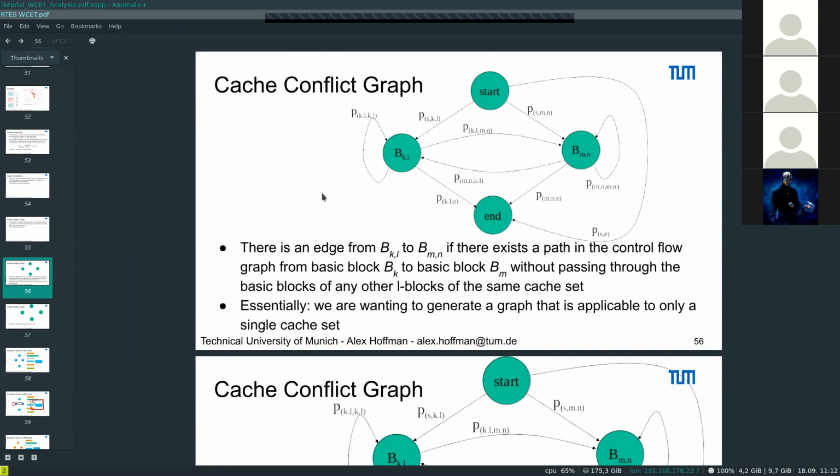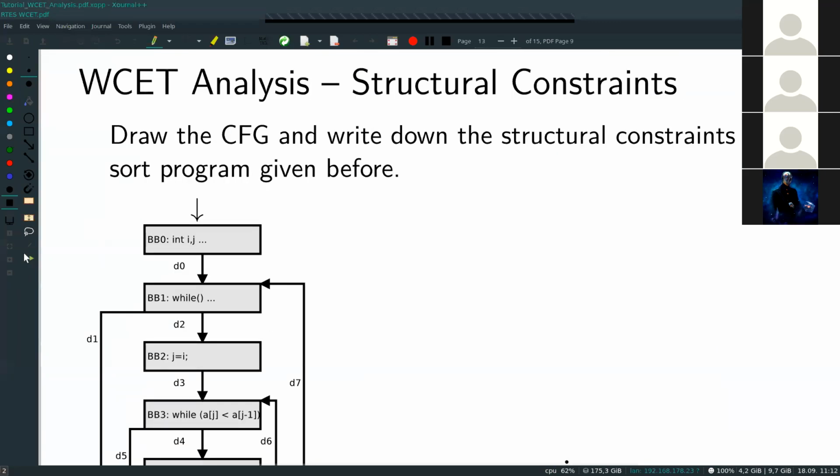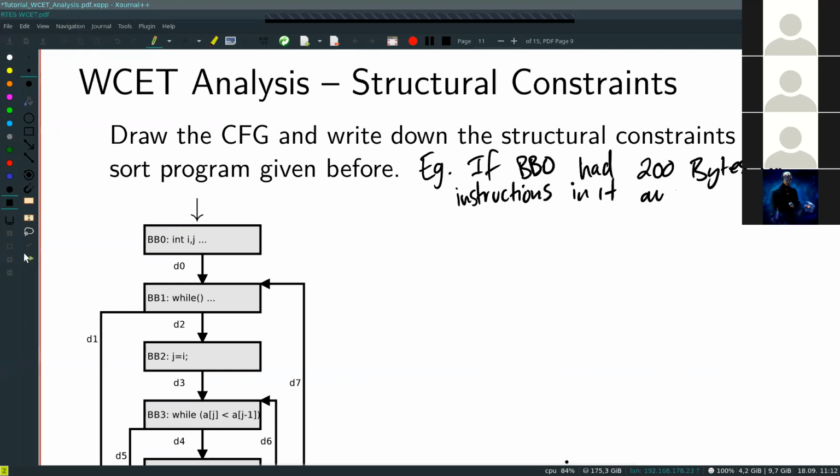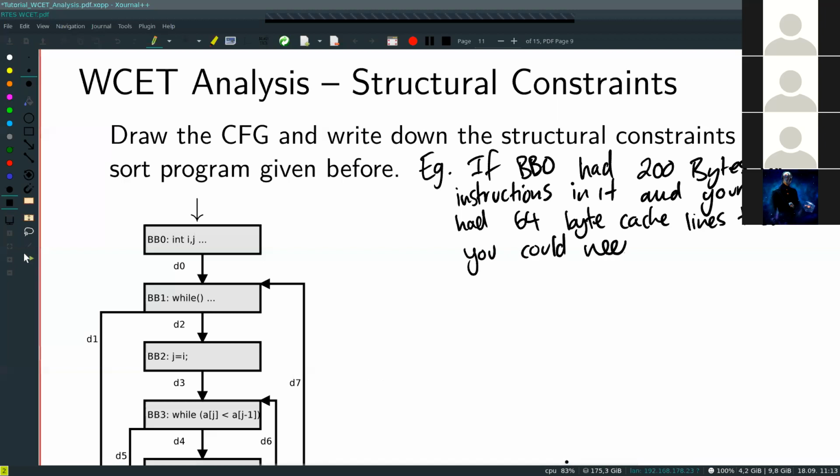It's some block of memory, and your basic block might be made up of multiple cache lines. Just as an example, if BB0 had 200 bytes of instructions, and your system had the standard 64 byte cache lines, then what's the maximum?